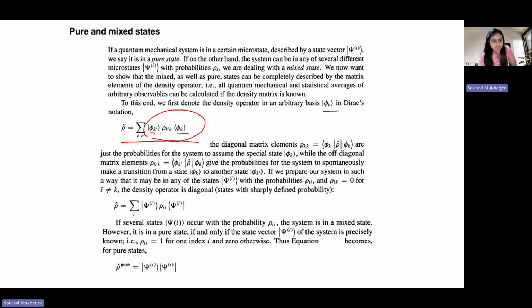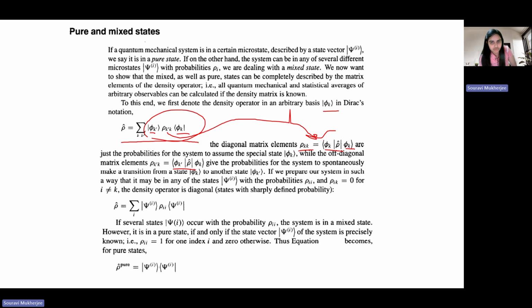Here you can see that if you explicitly try to write an expression for rho kk, this is how it would look. What is rho kk? Rho kk is written as the inner product of rho operating on phi k, and then doing an inner product with phi k. This is your expression for rho kk. For rho k prime k, or k k prime, it would be given as something like this. What is this basically telling you? You initially had a state phi k. You used the operator rho on phi k to get some state.